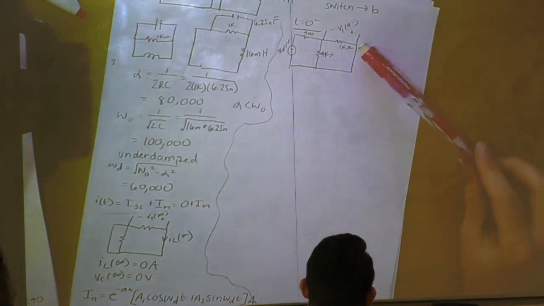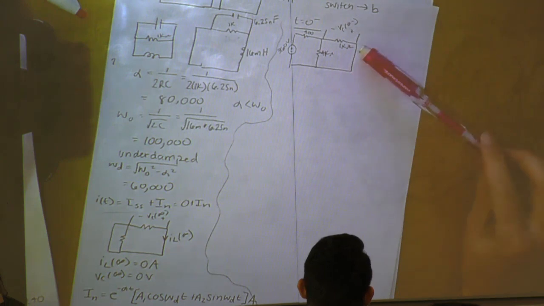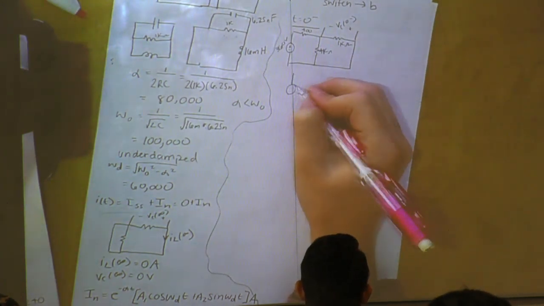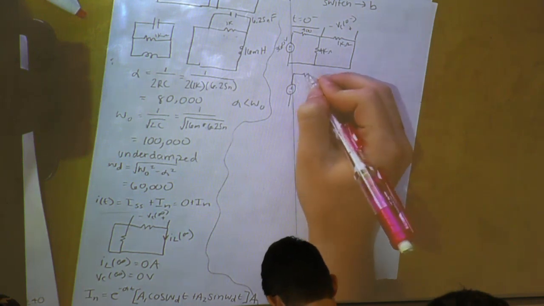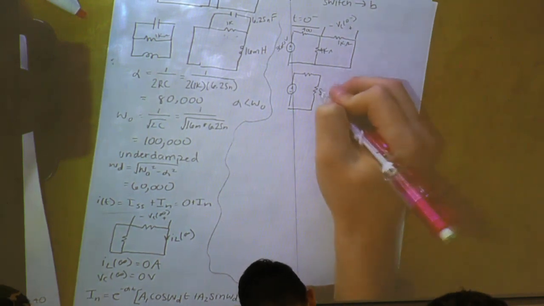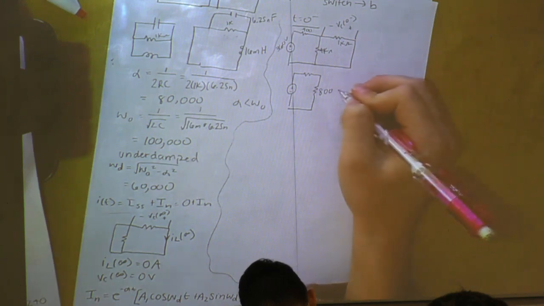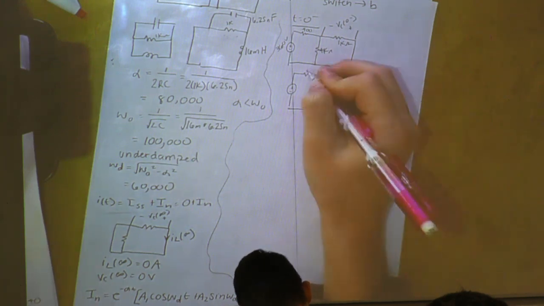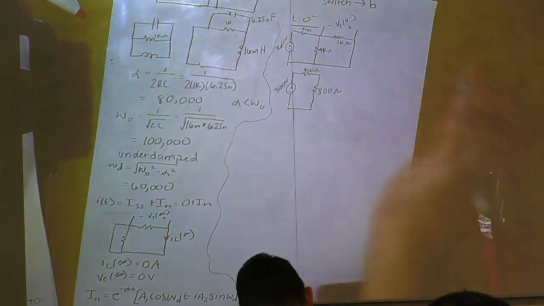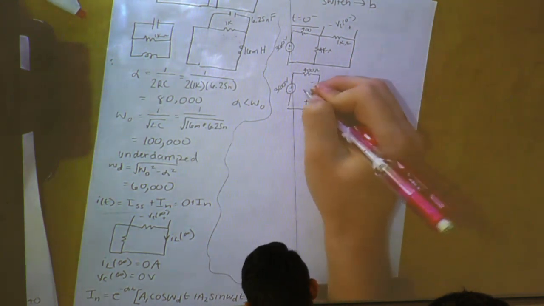Also, we can combine these two, because even if we combine them in parallel, the voltage is still going to be the same. So we'll get a simple circuit of this, and this should be 800 ohms, 400 ohms. And this is our VC.